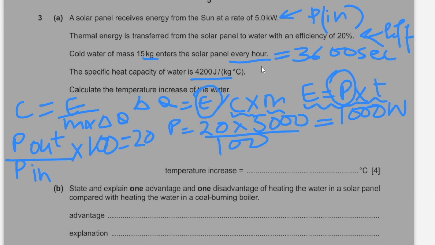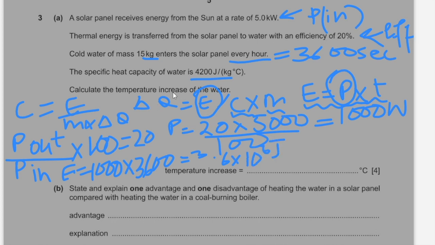And this power is going to be used to supply the energy to the water, which is energy equal to power, which is 1000 watts, multiplied by the time taken, and that is every hour, which is 3600 seconds. And so this energy is equal to 3.6 into 10 to the power of 6 joules.